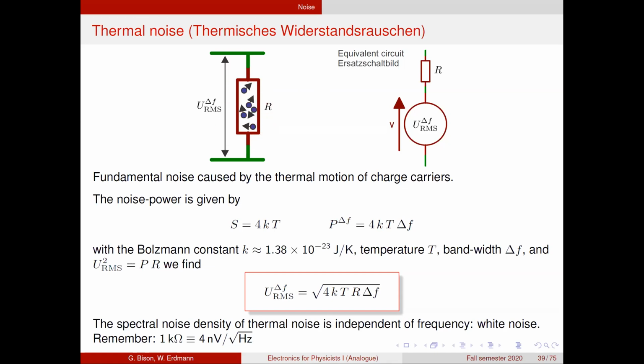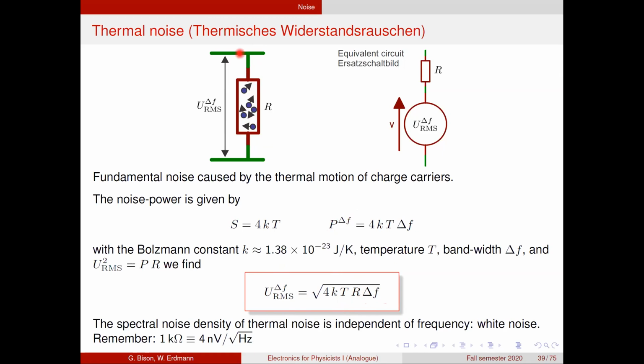Okay, if we integrate the power spectral density over a given bandwidth, then we get the power in that bandwidth, same thing as we had before, just the other way around. And this power in a given bandwidth, we can of course convert to a voltage simply by taking the square root and adding in the resistor that converts this power to a voltage.